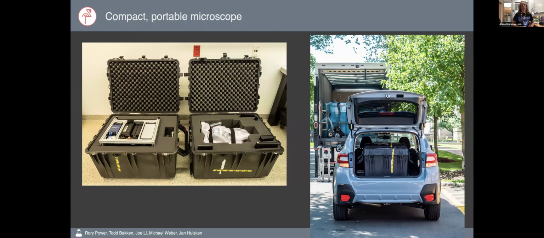And if you can share them between instruments, that of course is much more sustainable and more economic. Rather than having a laser on every single microscope, especially if you're only using one at a time, that would be a waste, right? So this flexibility can also reduce the costs dramatically.